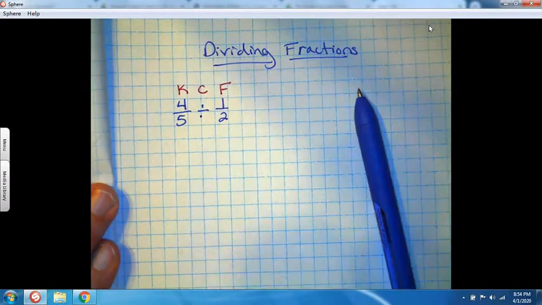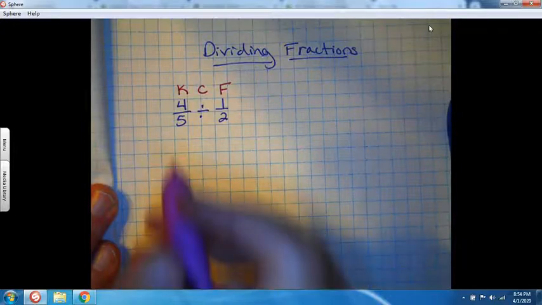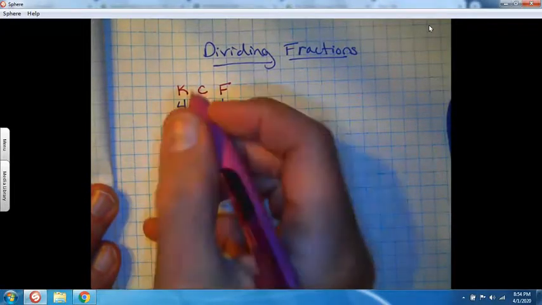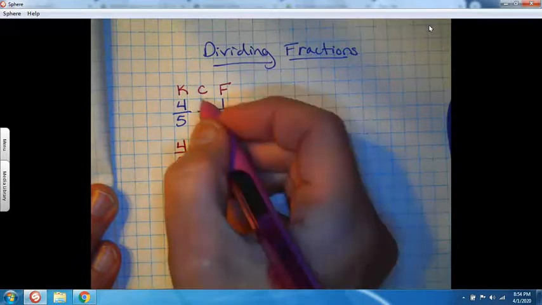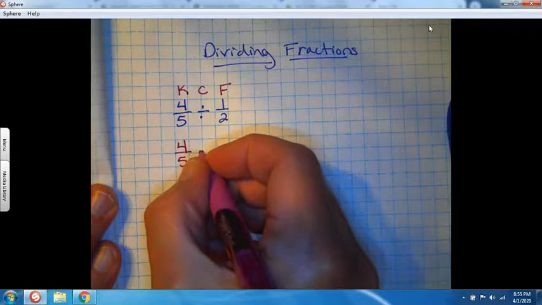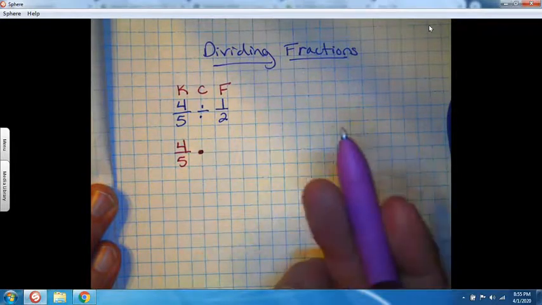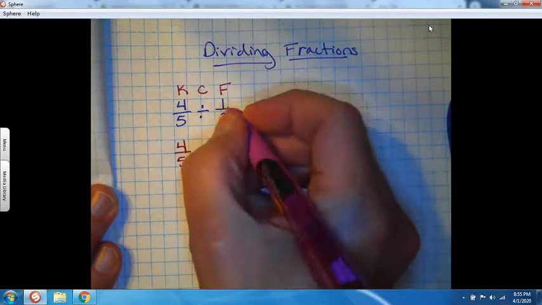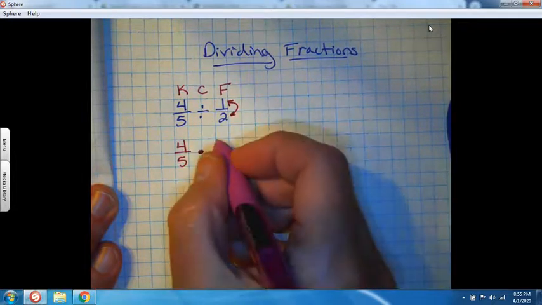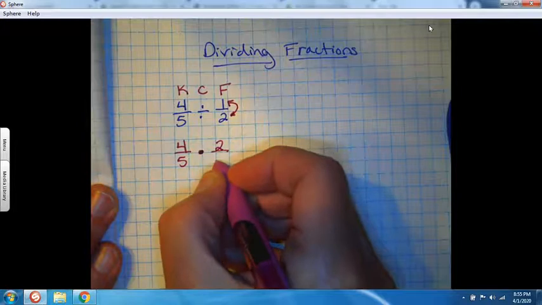KCF, not KFC, but KCF. So you keep the first fraction. Don't touch it. You change this division, because we hate to divide, we change it to multiply, because we have our magic wand here. And then we flip this fraction. So 2/1.